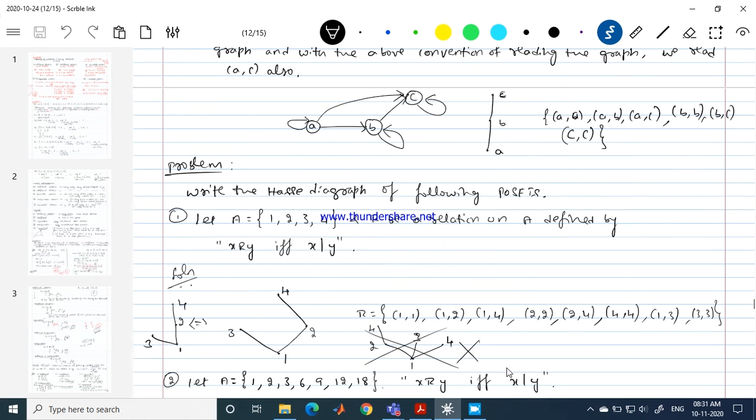With this basic idea, in the last class we drew Hasse diagrams for the posets. It is not a digraph, I'm sorry.